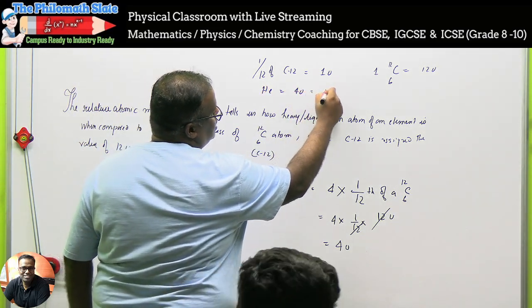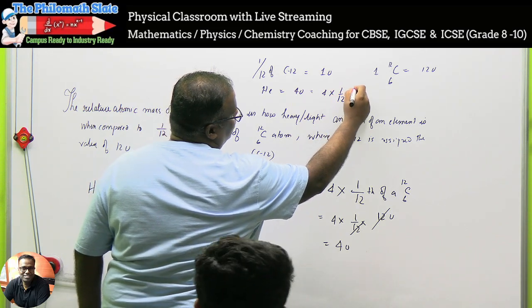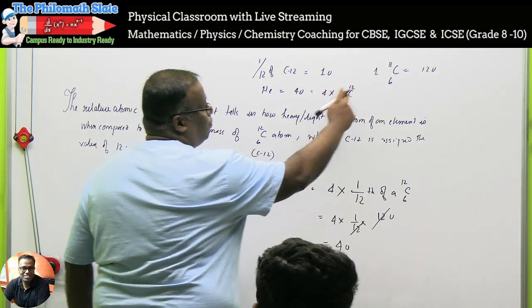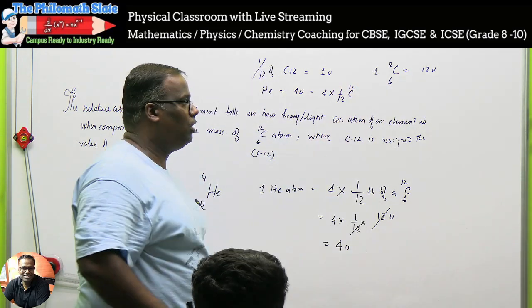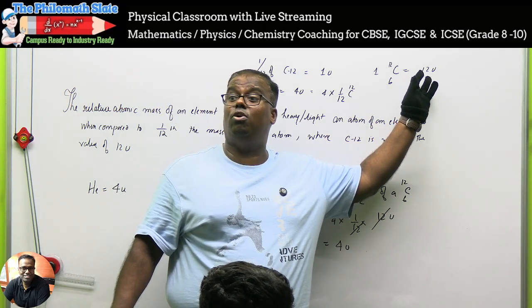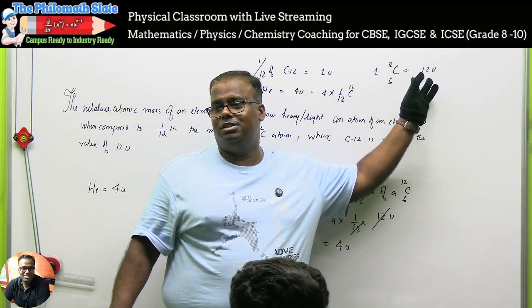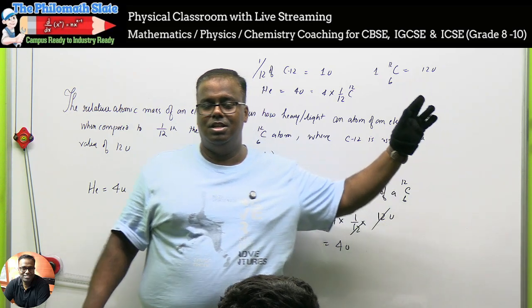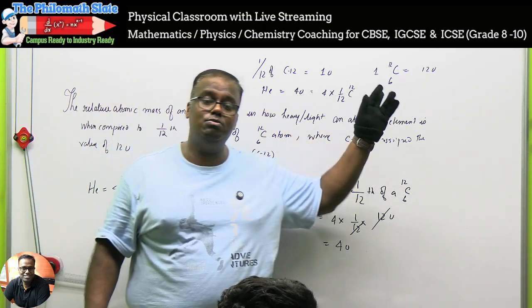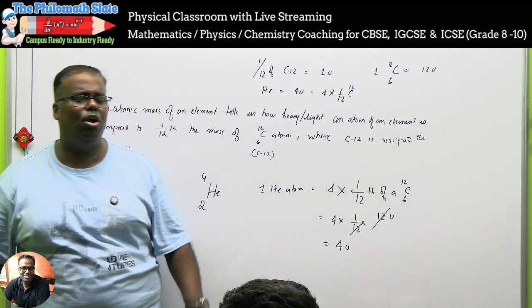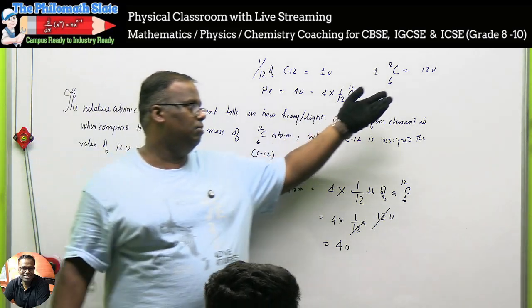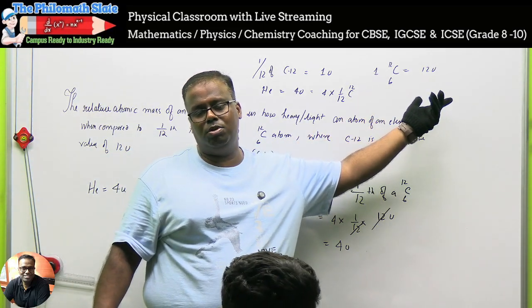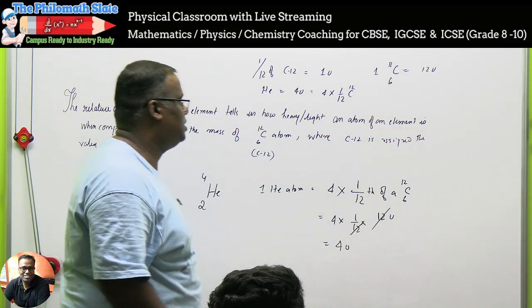That means it is 4 times 1/12 of carbon 12, not 4 times carbon 12. To be 4 times carbon 12 you would have to be 48. So he is 4 times 1/12 of carbon, or take 1/3. Because carbon is 12, 1/3 should be how much? 4.